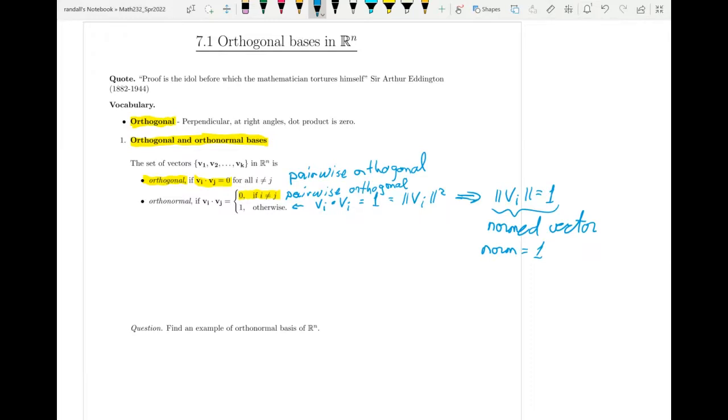So we see from the definition that an orthonormal basis is an orthogonal basis to begin with. It just has the added feature that the vectors have norm 1, okay?